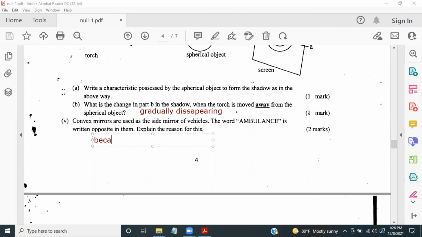Because the image formed here is laterally inverted. The left-hand side and the right-hand side have changed in the images formed in these mirrors. That is why the word is written in the opposite way.